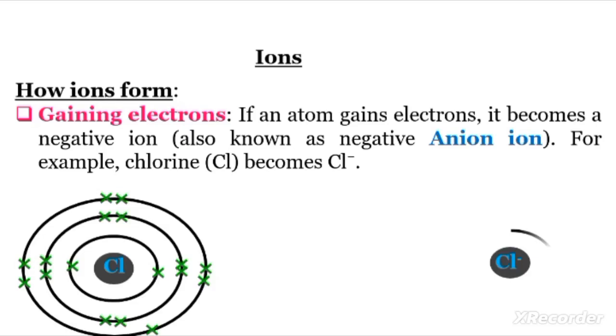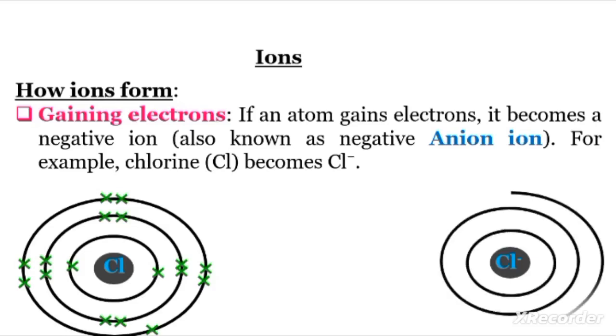After gaining 1 electron, chlorine will have a negative charge and become an ion.